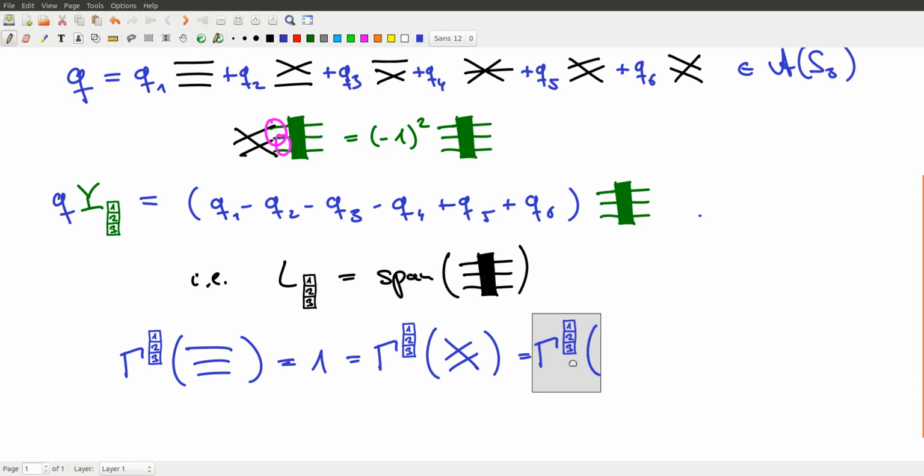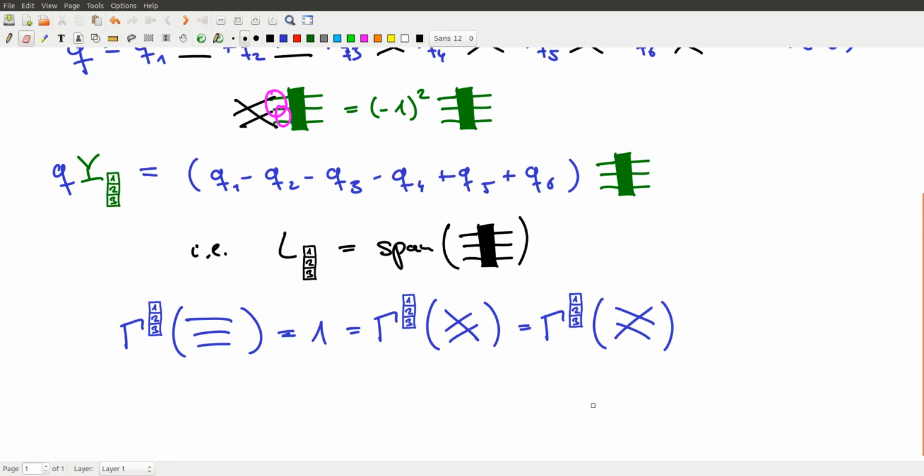And same for the other cyclic permutation. And if you put in one of the transpositions, then we get -1, and the same for the other transpositions.